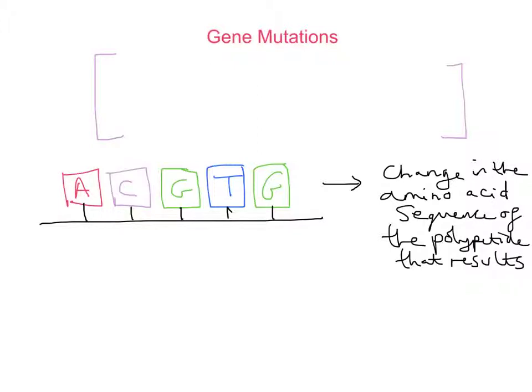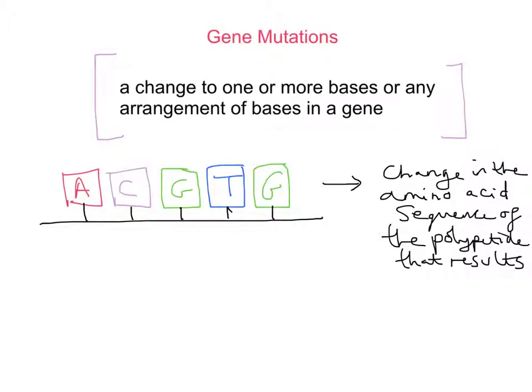So let's think about some of these types of gene mutation. The first one to consider is the addition mutation. Now, as the name suggests, there we add an extra nucleotide to this base sequence.